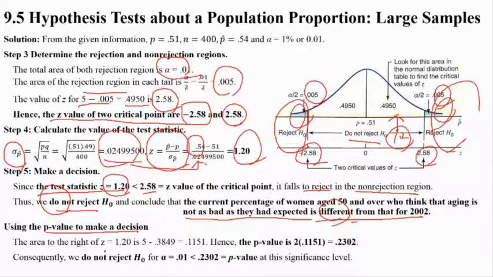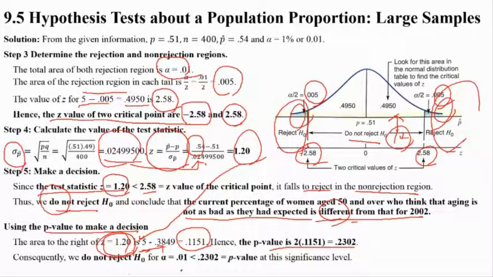What will the z value be from here? It's 1.20. So we use 0.5 subtract 0.3849, using the table to find this number. That number will be the p value, but this is both sides, two tails, so it should be times 2.